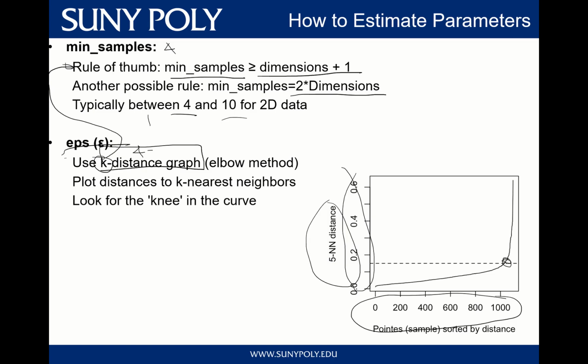Here, for example, you see that it's increasing, but here it increases dramatically. That will be your knee, or elbow. With this, you can get your distance. In this case, it will be something between 0.1 and 0.2, around 0.15. And again, this is just a guideline. You will need to test those values and see how good the clusters are that you get, and if they make sense.